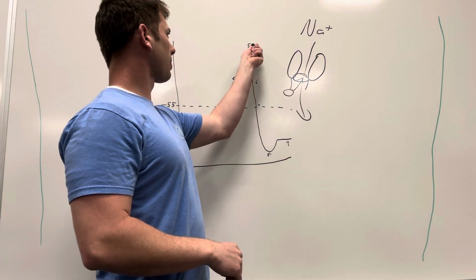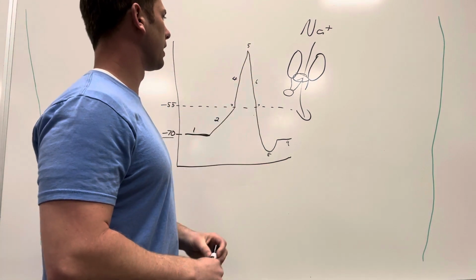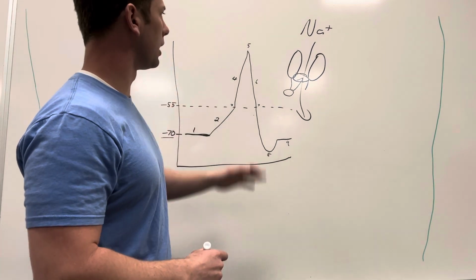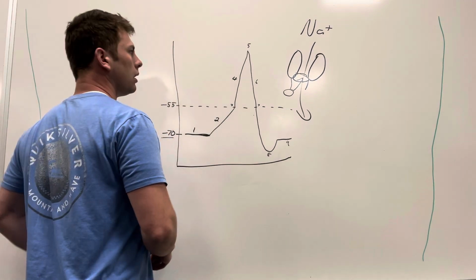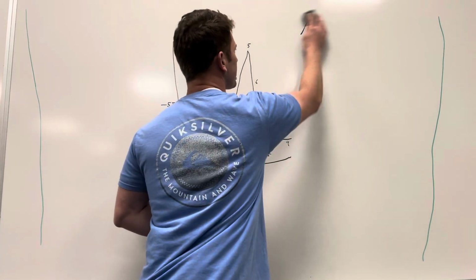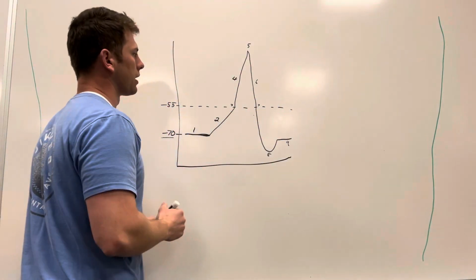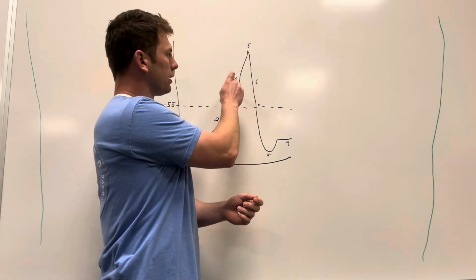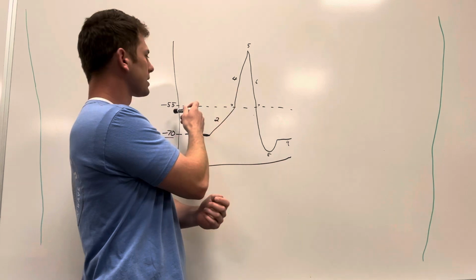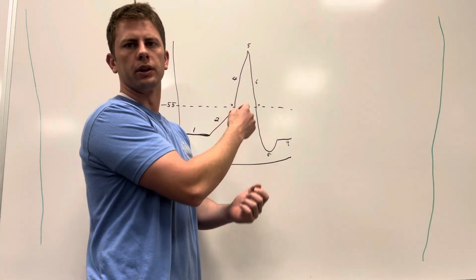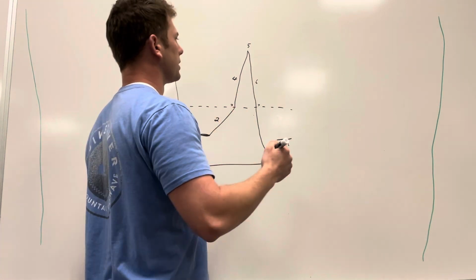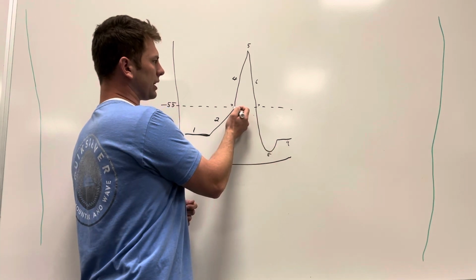And so we start to fall back down. Oh, another thing, huge. We have these potassium voltage gated channels as well. And on 4, they start to open. Well, I guess technically at 3 they start to open, but they're slower. And so they're delayed.